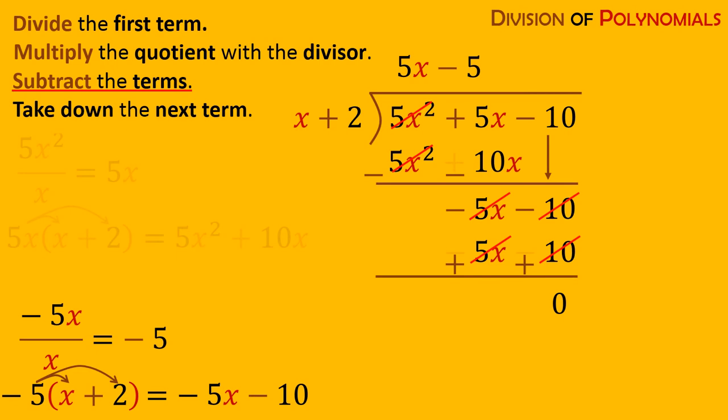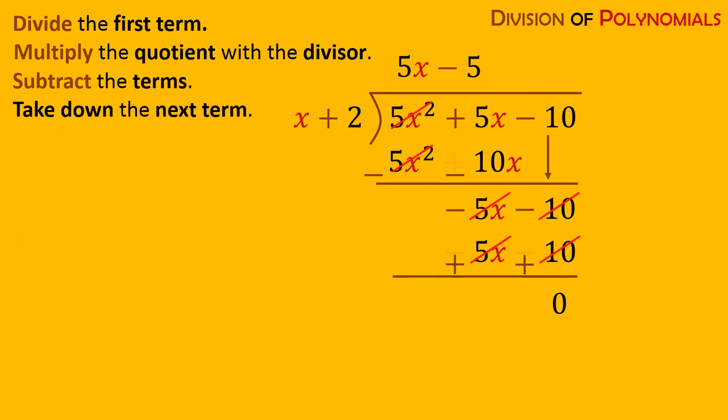But before we start practicing it, I would like to recheck my answer. How can you do that? This is our answer, 5x minus 5. We simply divide this polynomial with this polynomial and have the quotient, which is 5x minus 5. Then if we multiply x plus 2 with 5x minus 5 again, I should get this polynomial again, right?